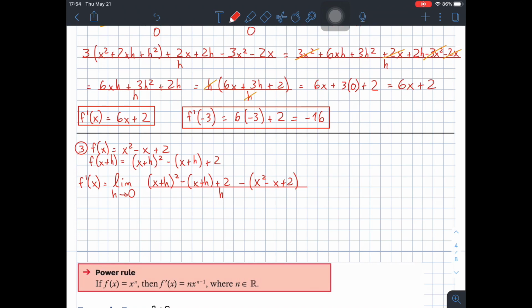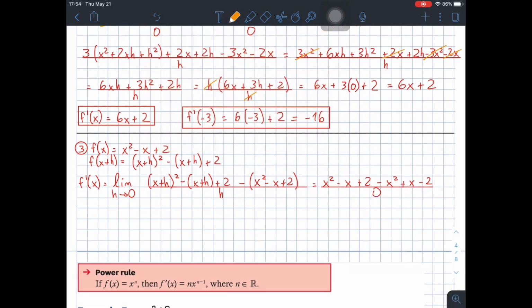Once again, we need to try the indetermination. If we replace the values of h with 0, I'm going to try to do this a little bit quicker, this would be equal to x squared minus x plus 2 minus x squared plus x minus 2, divided by 0, right?